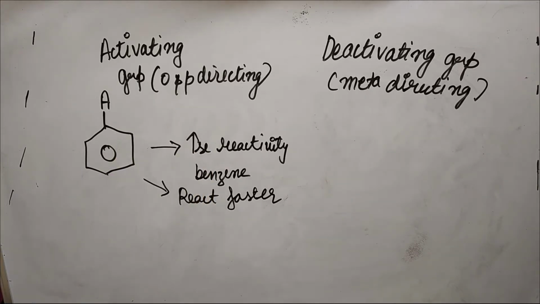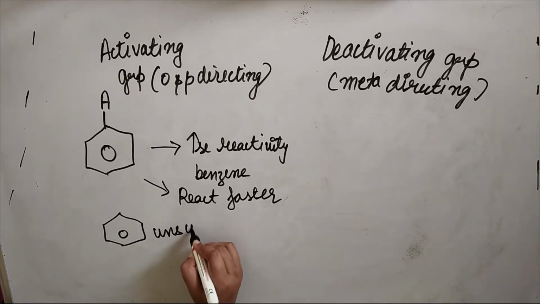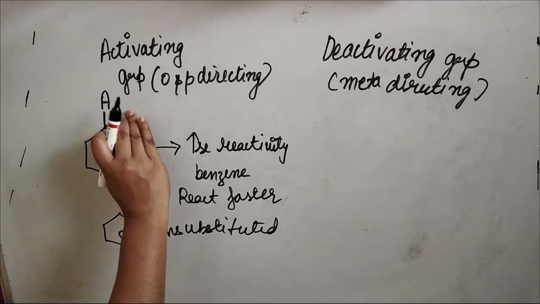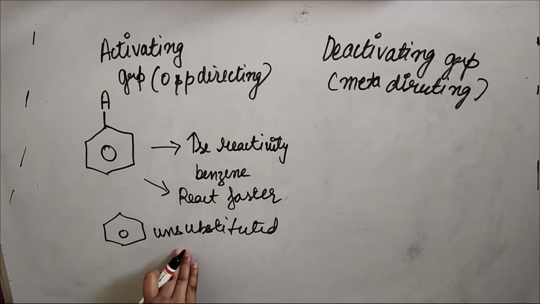And these activating groups are generally ortho-para-directing groups. They will increase the reactivity of benzene as compared to the unsubstituted benzene ring. So if the reactivity of the substituted benzene ring increases as compared to the unsubstituted benzene ring, then this group is called an activating group.